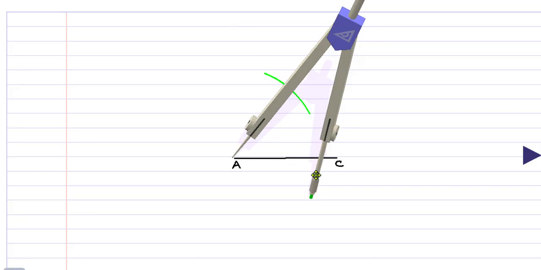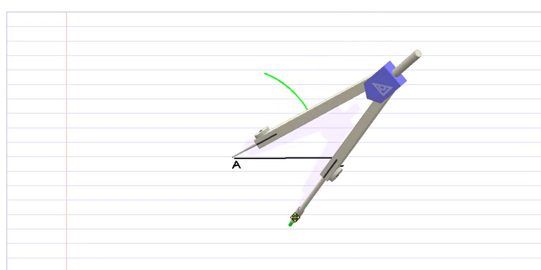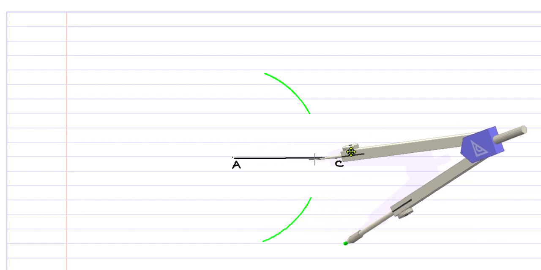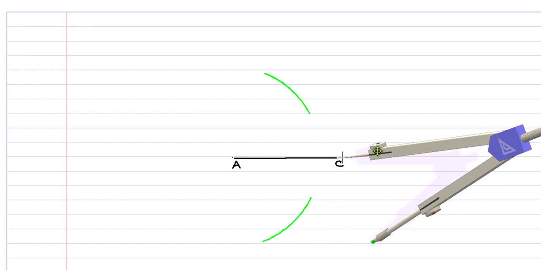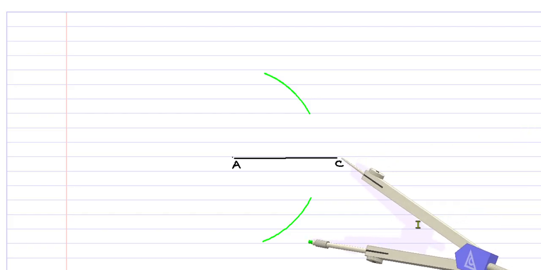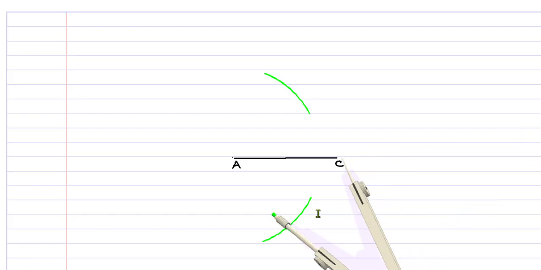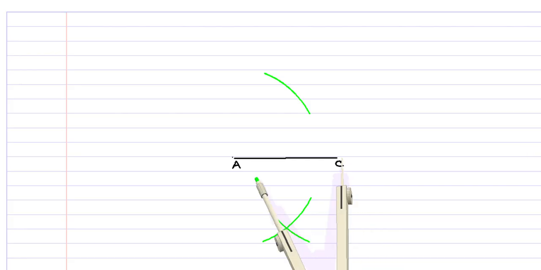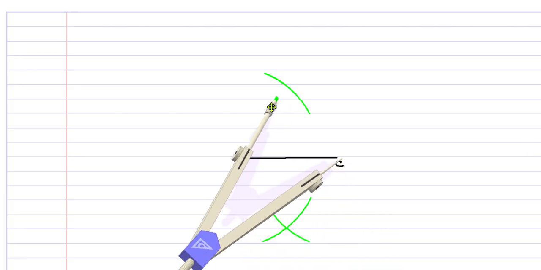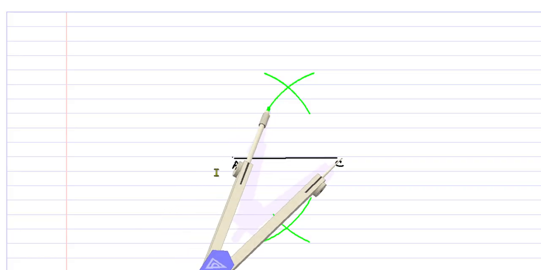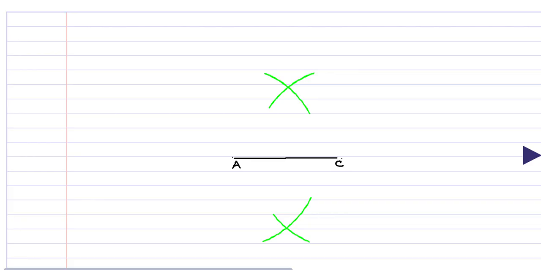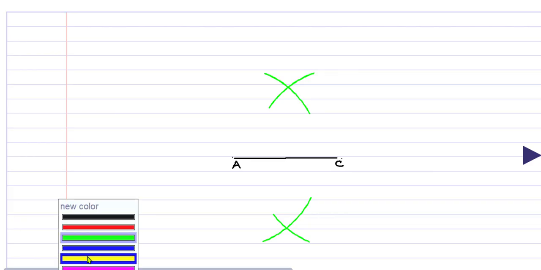An arc above, an arc below, and with the same radius you will put the tip of the compass at the other end point and draw the arc to intersect the previous arcs. Any radius can be chosen which is more than half the line segment, but once you choose it, keep it fixed. These are the guidelines to construct any perpendicular bisector line.